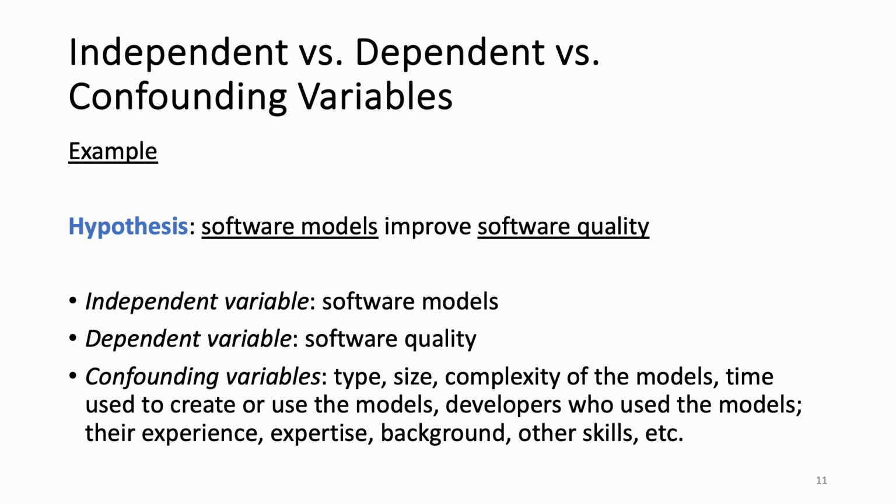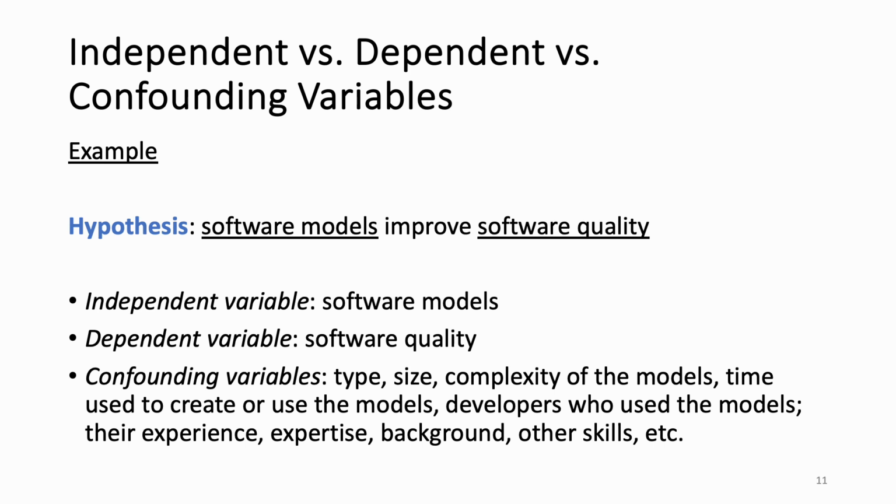In this example, the independent variable is the software models, because these software models will cause an effect. And the dependent variable is the software quality, which is the variable to be affected or influenced by the cause, or the use of software models. So the software quality will change according to the software models that are used in the software development projects.